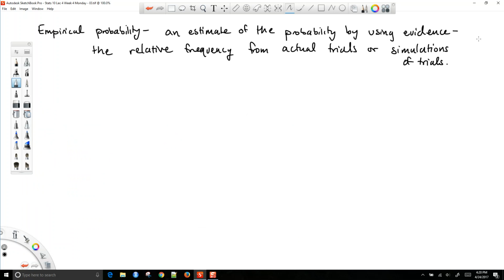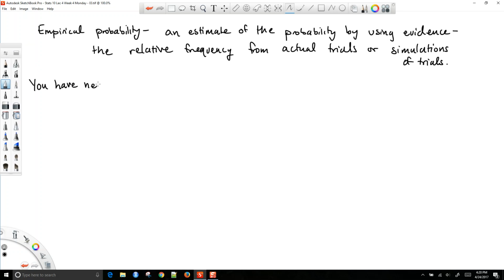So a silly example is, let's say you are an alien from another planet, okay? You have never seen a coin before in your life, and you have no idea how coin flips work.